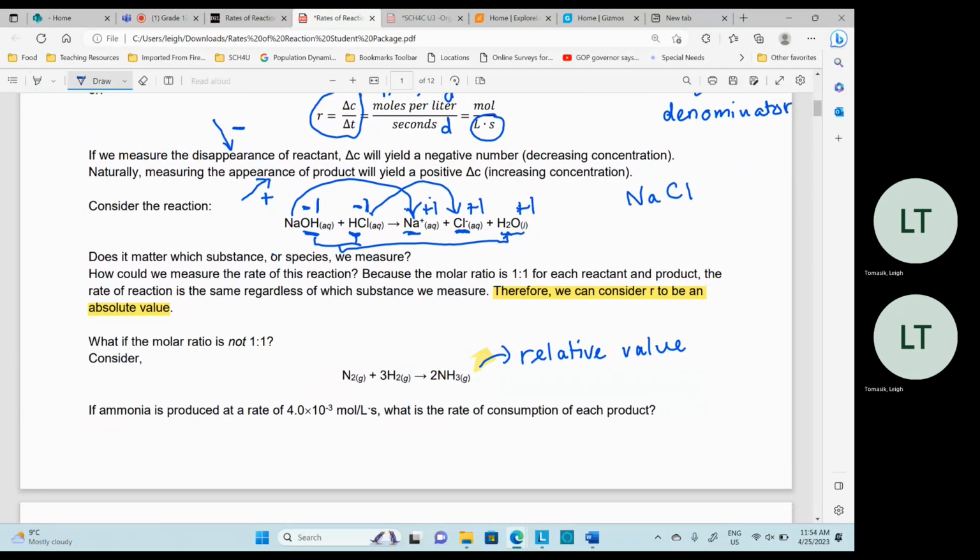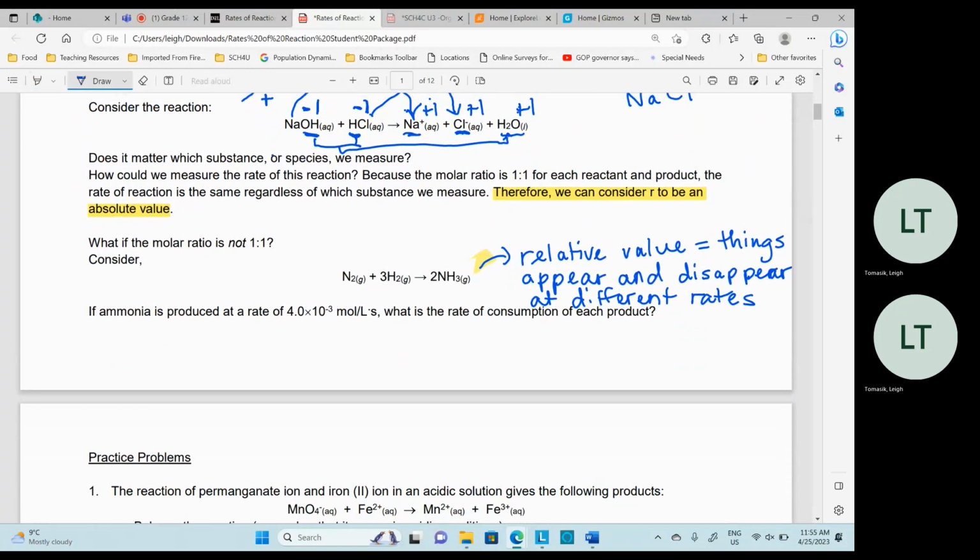So things appear and disappear at different rates. But the rates that they appear and disappear at are not random. They're related to each other.